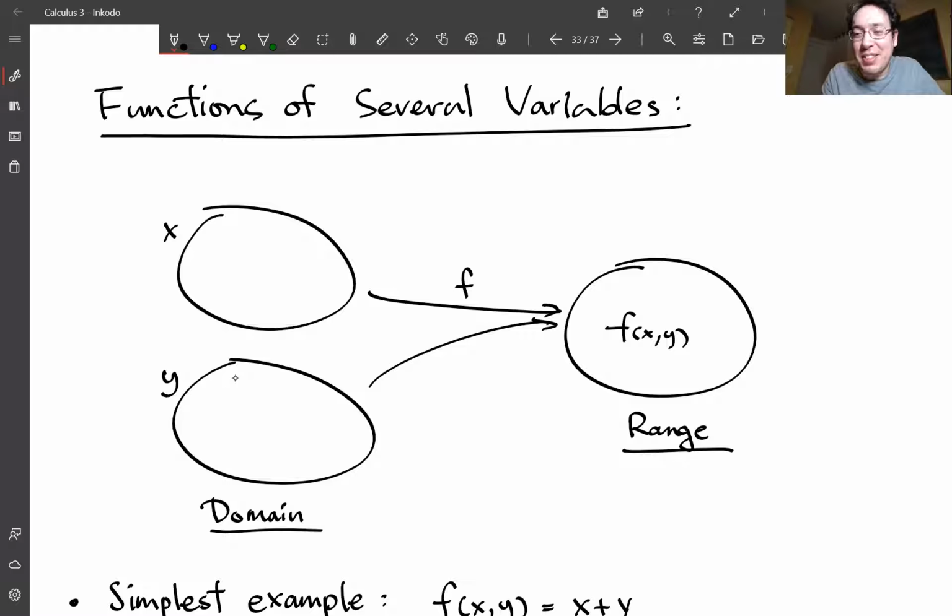W, s, t, just throw them all in there. And then there's only one single output range. Because multiple variables are difficult to picture, most of the time I'm going to draw with two inputs and one output, but all these ideas could be extended to higher dimensions as well.